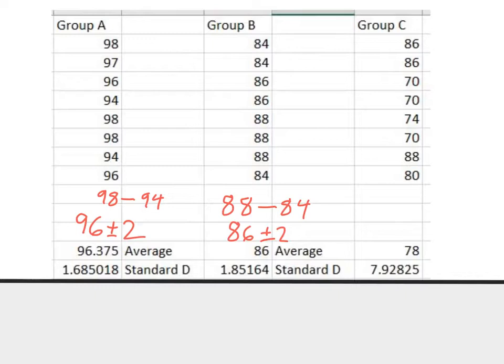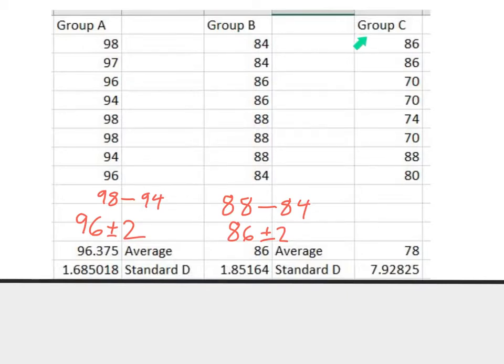Notice there is no overlap in these two groups, correct? So our classes are bunched up tight in both group A and B, and there's no overlap. Based on standard deviation, group A is a significantly better class than group B.